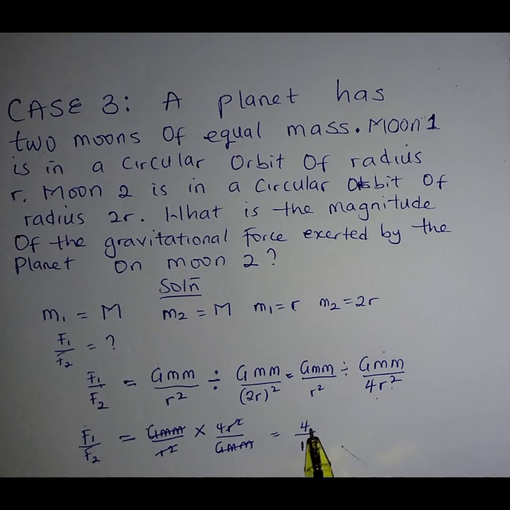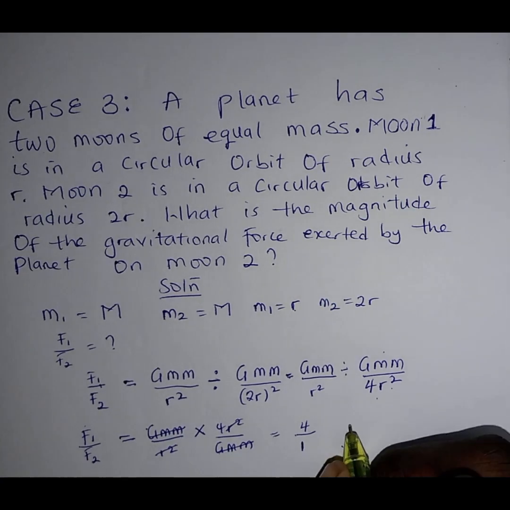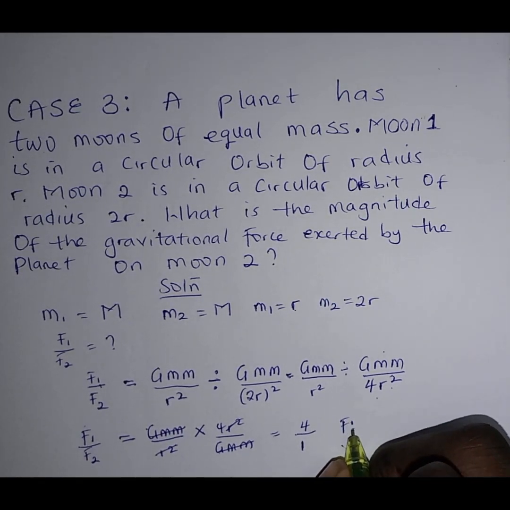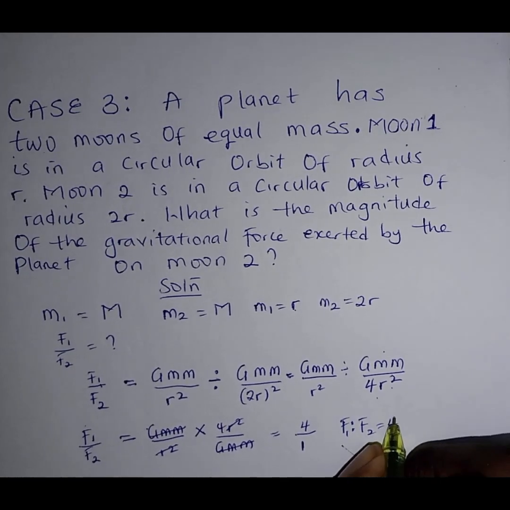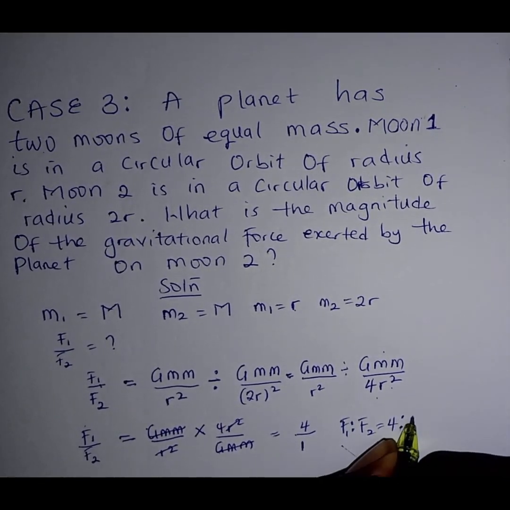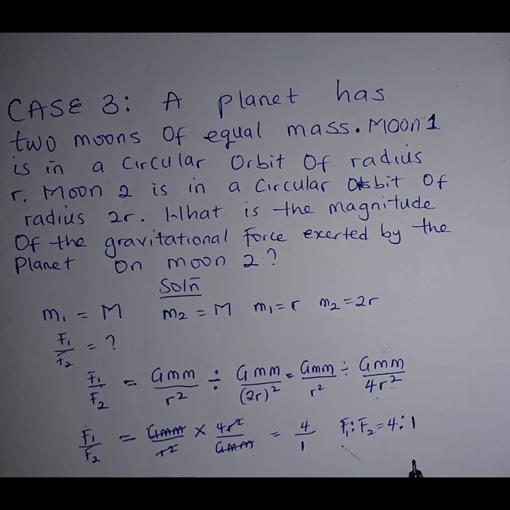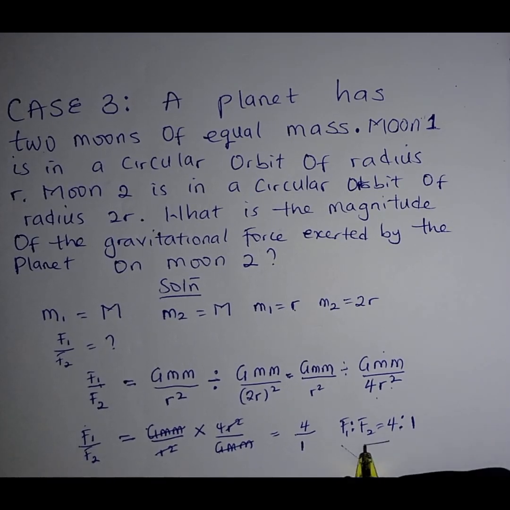So I can write it as 4 over 1, or I can write it like this: F1 to F2 equals 4 to 1. So you can either write it like this or write it like this. So just now 4 to 1 is our answer.